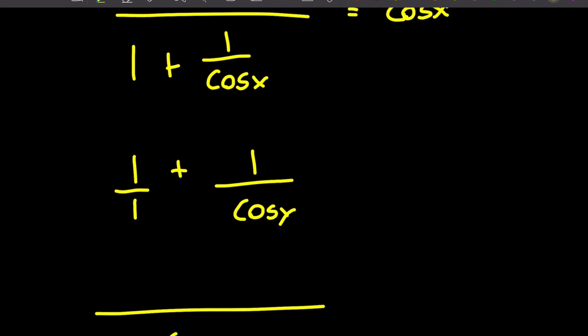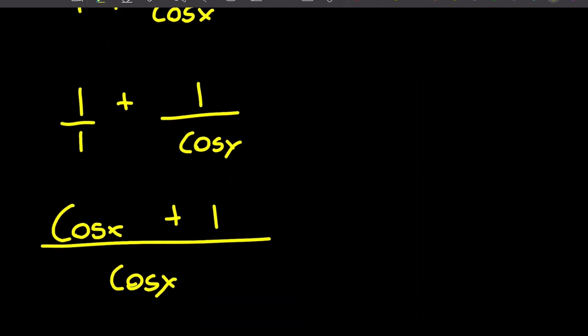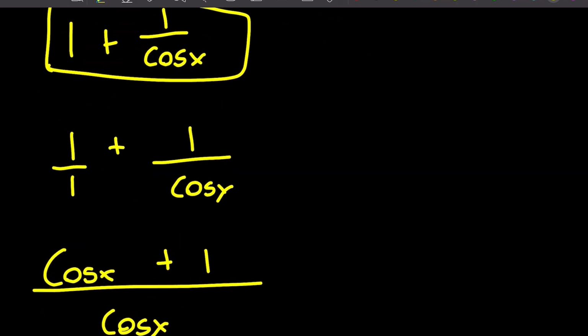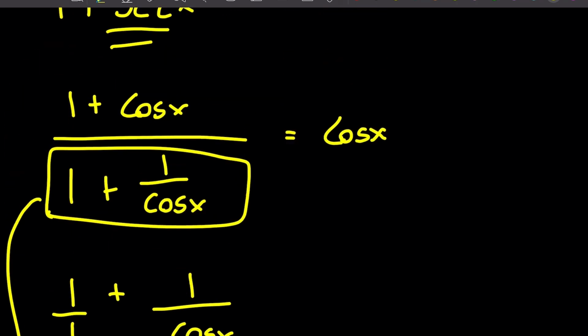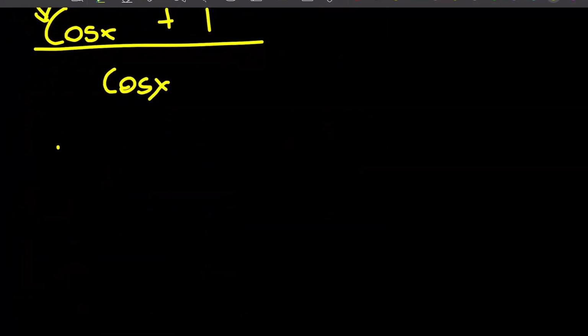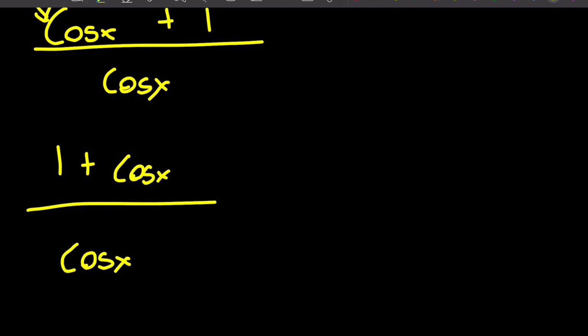And it's just 1 over 1. So 1 into cos x goes cos x times, so 1 times cos x is just cos x. Plus 1 over cos x goes 1 time, so we just multiply 1 by 1. So now the denominator with this addition sign can be replaced by cos x plus 1 over cos x. So we'll have 1 plus cos x over cos x plus 1 over cos x.